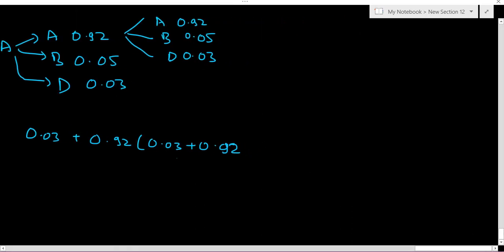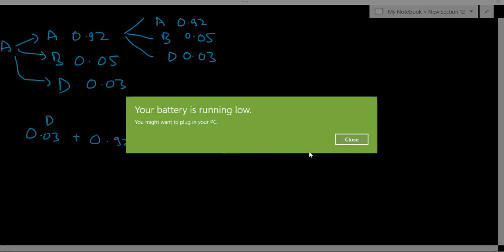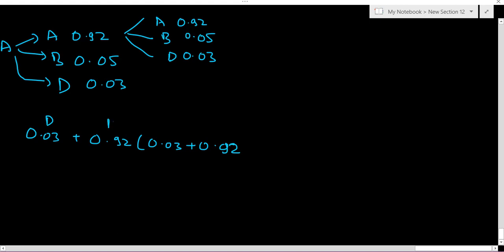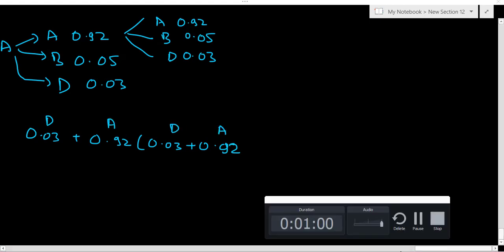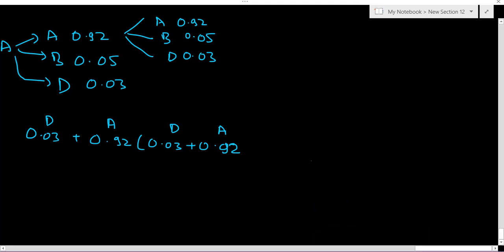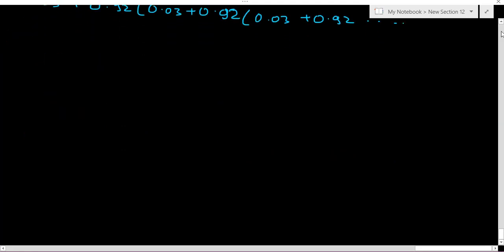So again it can be either in A, this is D, this is A, this is D, again A, and again when it is in A, it can again go to D or it should stay in A, and so on and so forth. This will keep on going. So this is the probability that it is never rated B in the future.